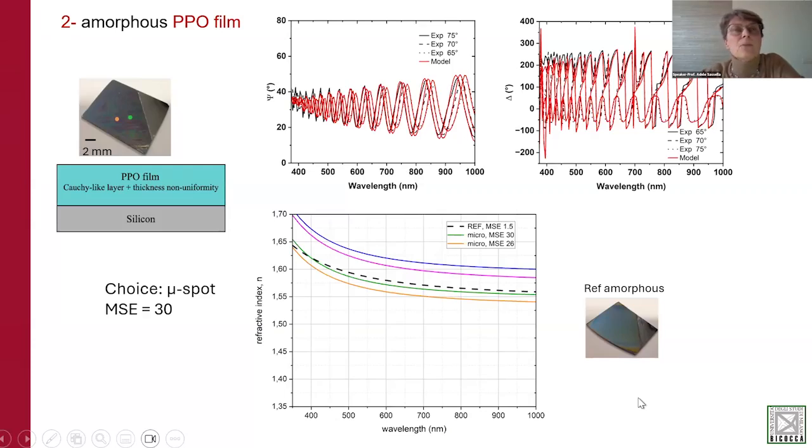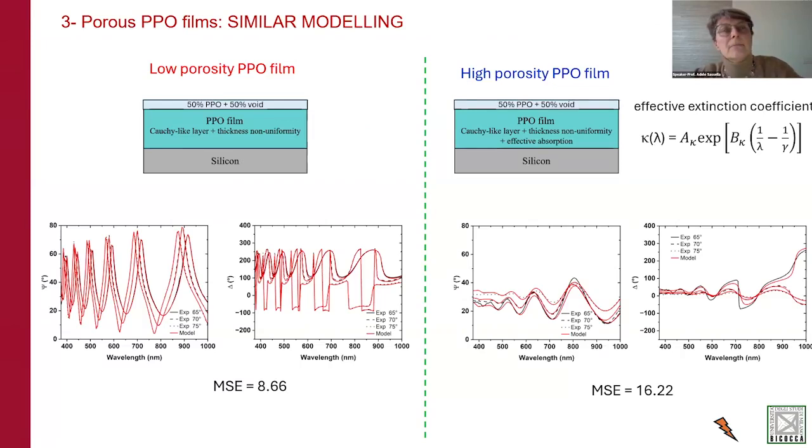Then we had to face the two intermediate porosity films. So not amorphous, not crystalline, or better, partly amorphous with macroscopic pores of about 200, 300 nanometers in diameter, and the crystalline phase with nanometer-size pores inside the crystalline unit cell. These are the two films with low and high porosity, rather complex samples.